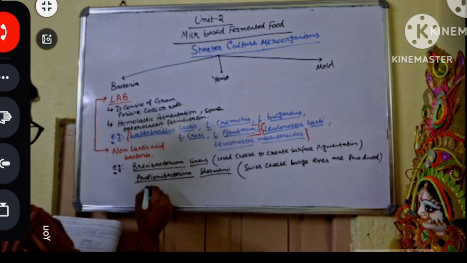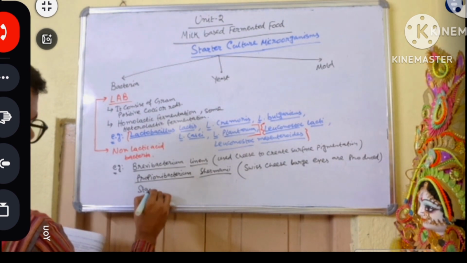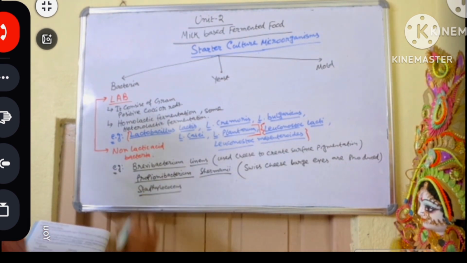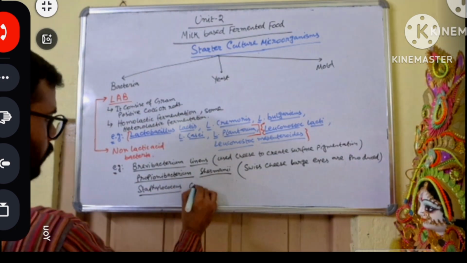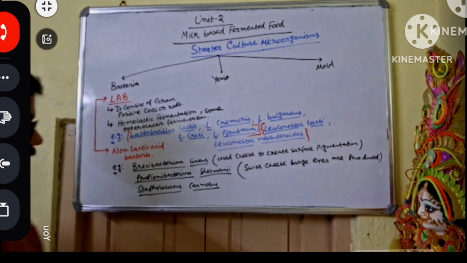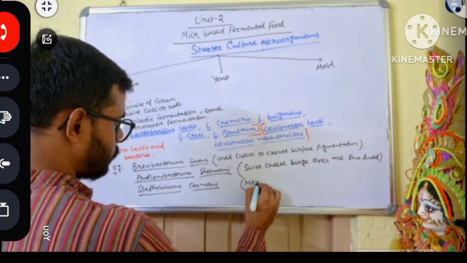Staphylococcus carnosus is used in meat fermentation.